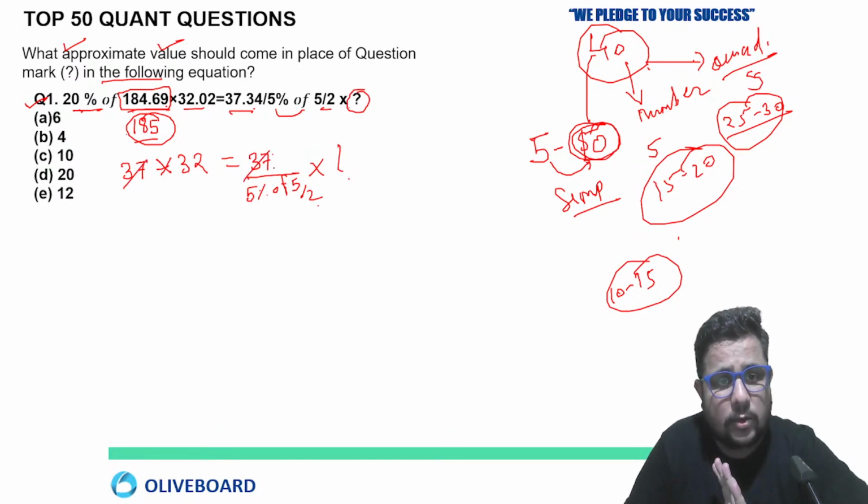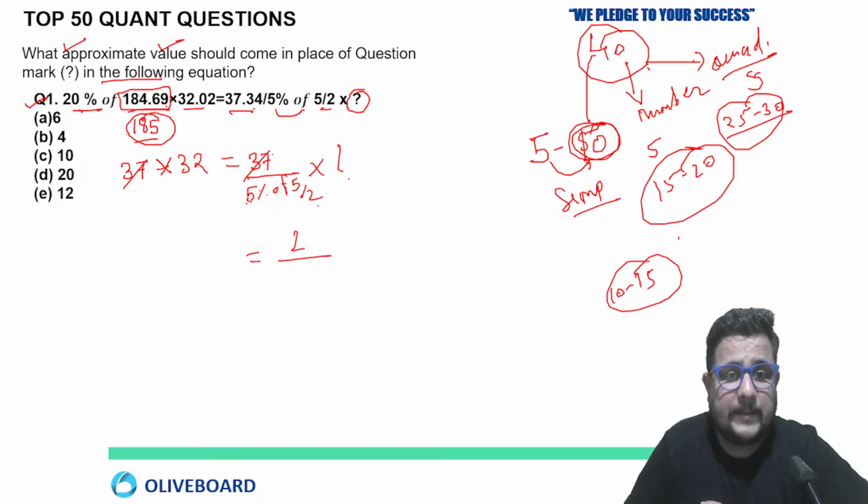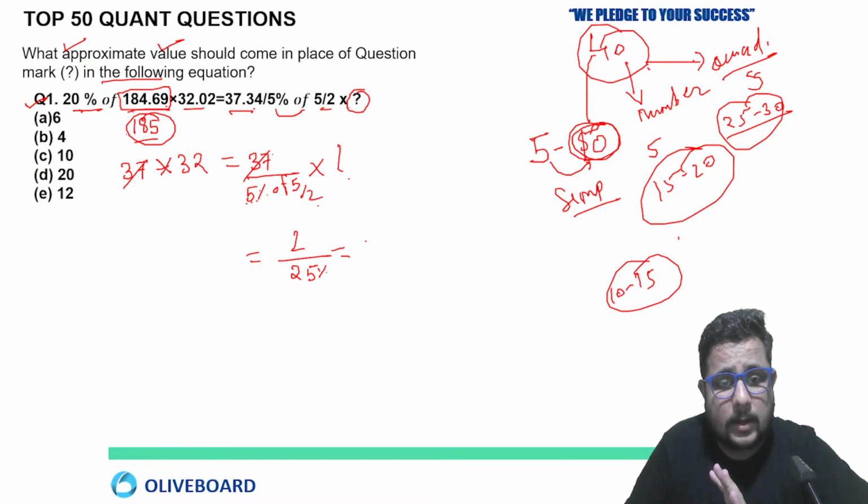Now this 2 will go upside. Now 5% multiply 5 will become 25%. And 25% in terms of fraction is 1 by 4. So 4 will come upside. So 2 into 4 becomes 8. Now you have 8 multiply question mark equal to 32. So by 8 you can cancel 32, you will get 4 here.